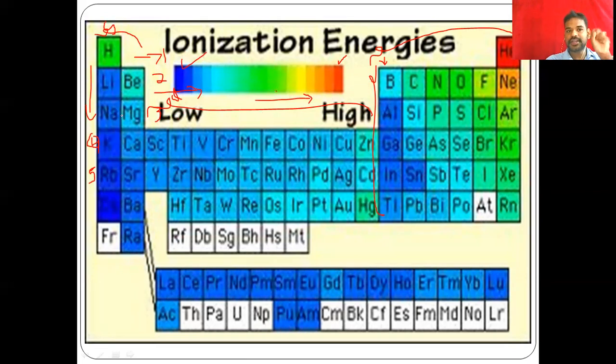Electropositive means it donates electrons easily. But on the right side of the periodic table, the elements act as electronegative elements with high electronegative character, which shows high ionization energy.